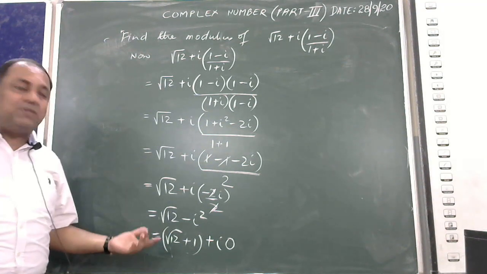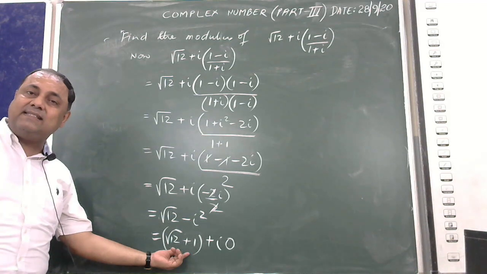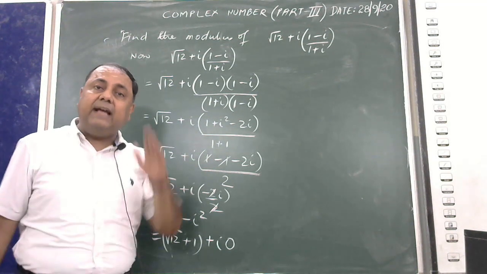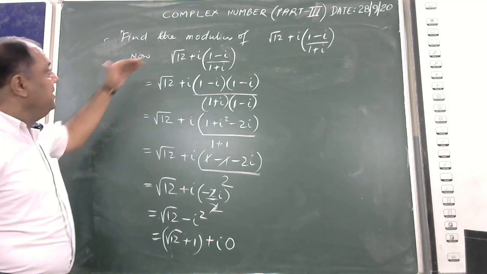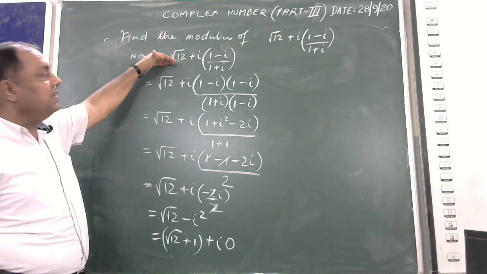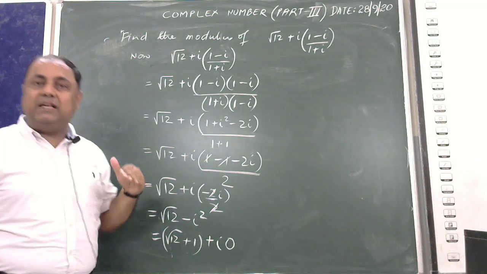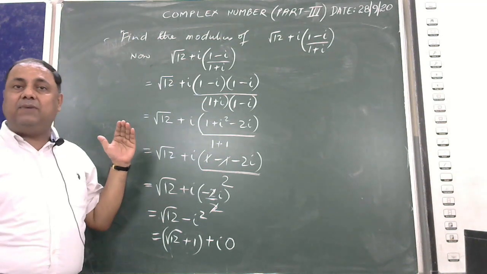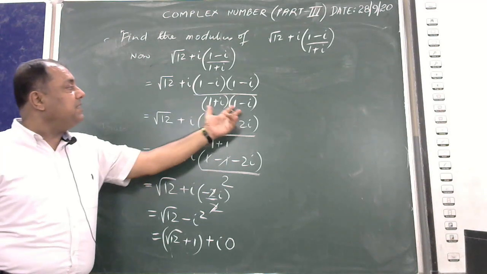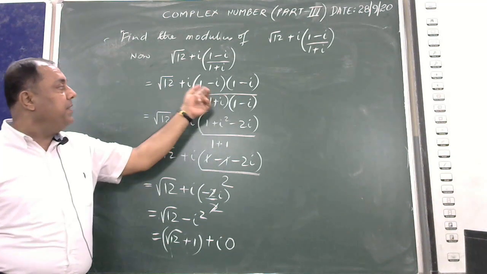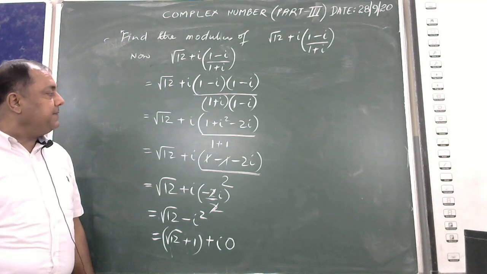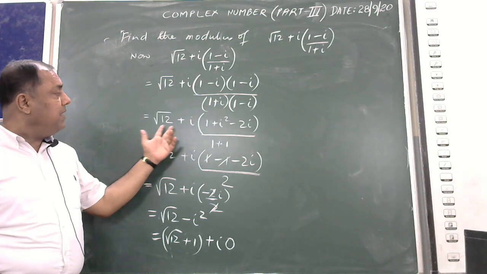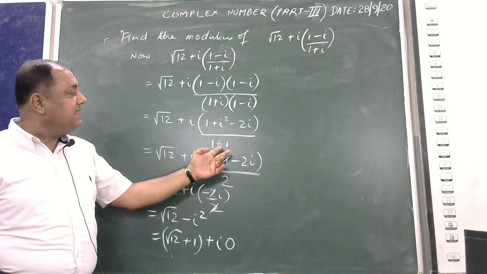So you have to say x is this and my y is equal to 0. I repeat once again. This is my complex number, not in x plus iy form. When it is not in x plus iy form, I express it using its conjugate. And after doing that, I express root 12 plus i as this.